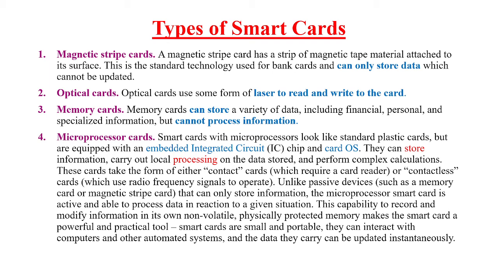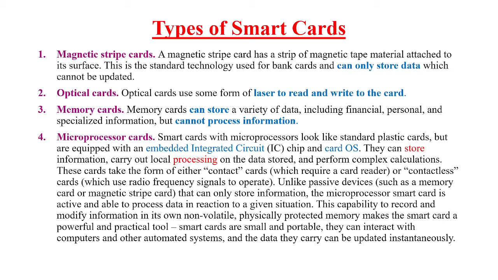Coming to the fourth type, that is microprocessor cards. The smart cards with microprocessors look like standard plastic cards but are equipped with an embedded integrated circuit, the IC chip, and card OS.